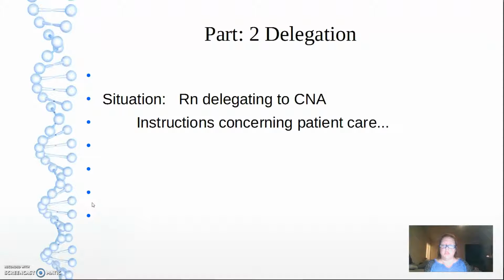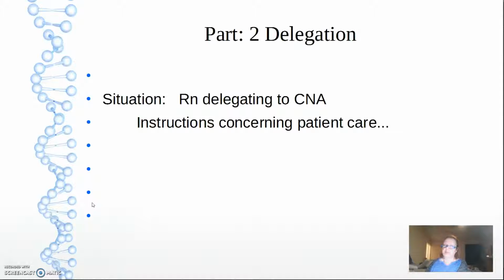So delegation, my situation with delegation was me and a CNA. I feel like we delegate on a daily basis. We delegate to inform and encourage patient care.